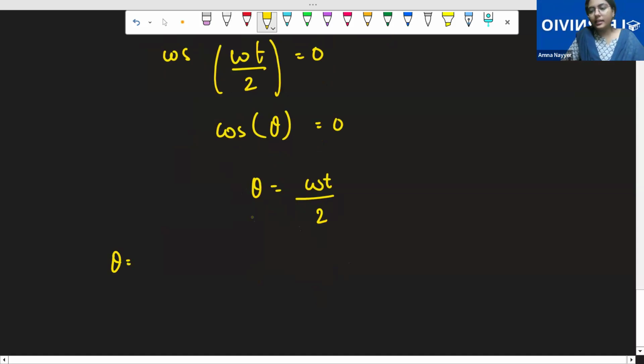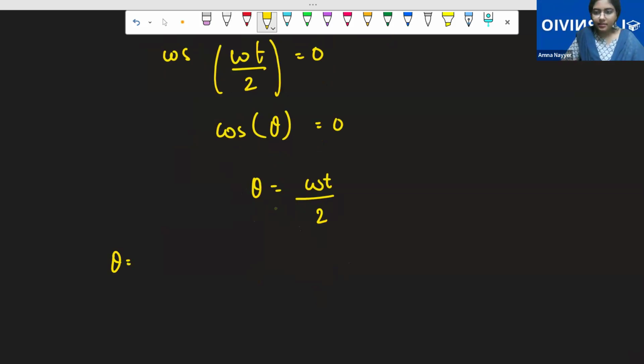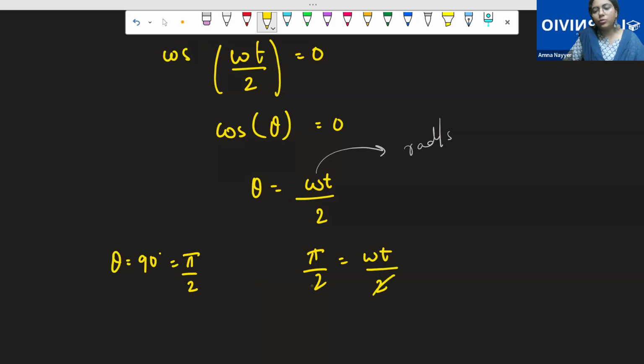Now you can't write 90 here because that is in degrees, and omega is given in the SI unit of radian per second. So 90 degrees has to be written as pi by 2. So pi by 2 is equal to omega t by 2. The 2 will be cancelled, so t is equal to pi by omega.